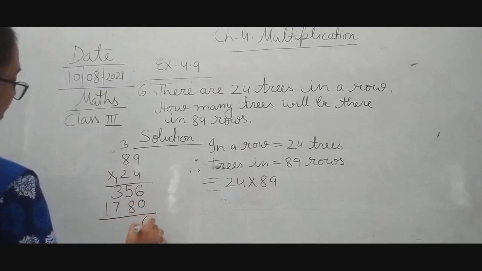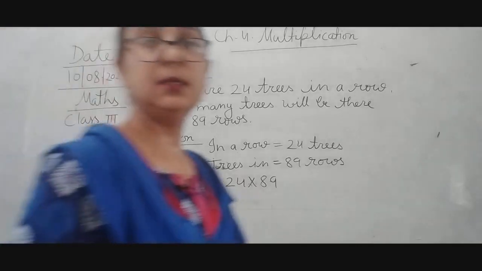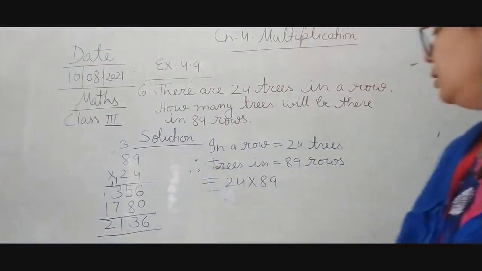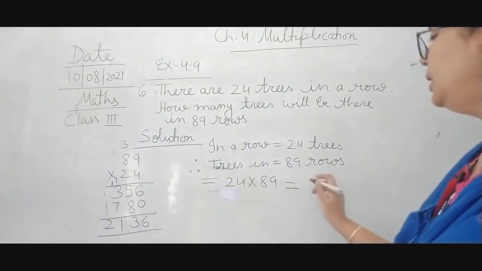So here children you can see 6, 8 and 5 is 13, 1 will be carry over, 7 and 3 is 10, 1 is carry over 1. So here you can see this is 2136. So in 89 rows, how many trees are there?